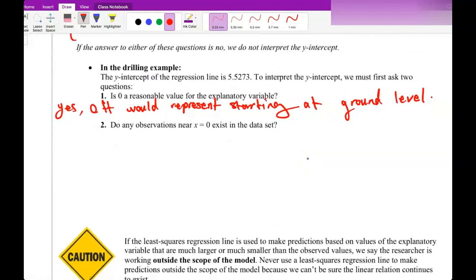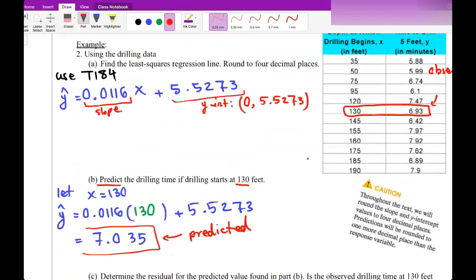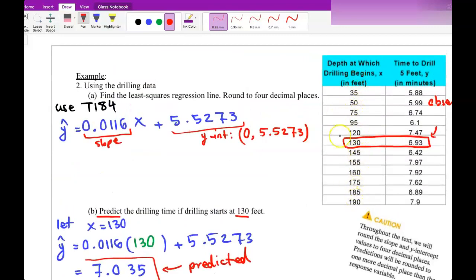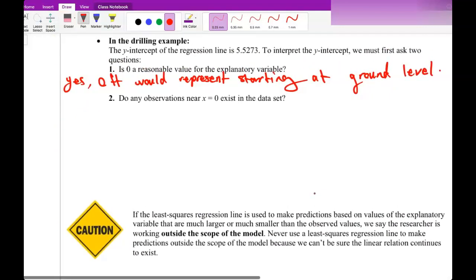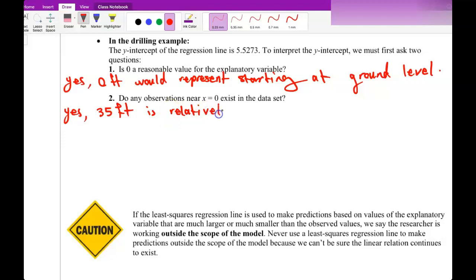Do any observations near x equal to 0 exist in the data set? The closest one that we have here to 0 is this point, 35. So yes, this is relatively close to 0.